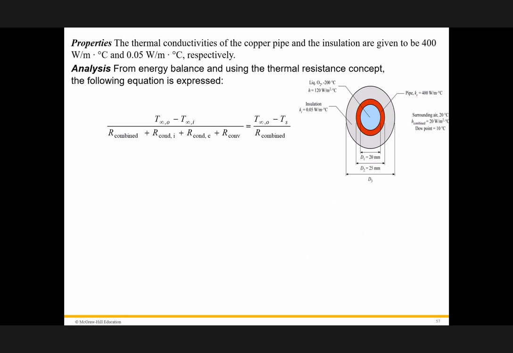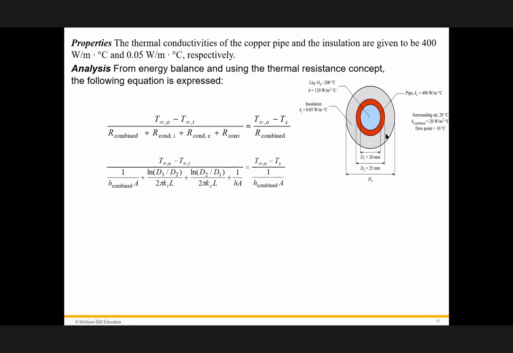Again, keep in mind, this is a cylindrical coordinate. Therefore, if I remember it correctly, it becomes like this. This is outside, 1/h. This is through the insulation.